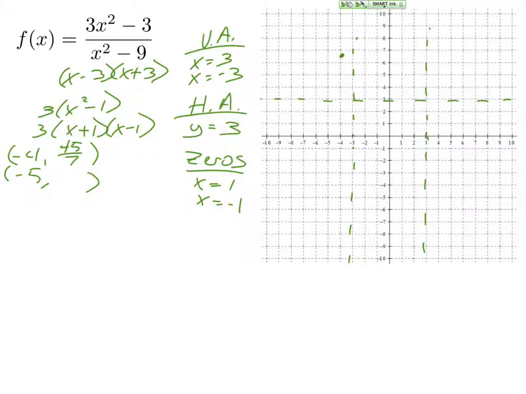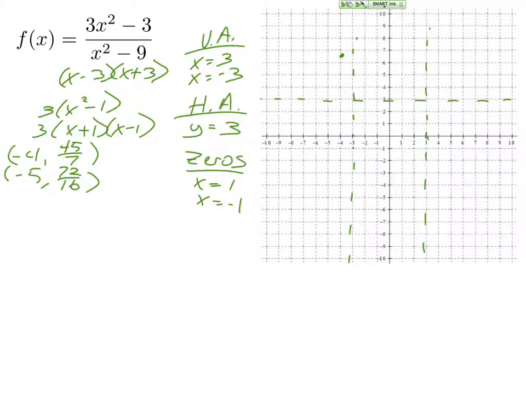Plug in negative 5. So that's 25 times 3 is 75, minus 3 is 72. And on the bottom, that is 25 minus 9, which is 16. That one's a little bit tougher. But we just learned that 16 times 3 is 48.